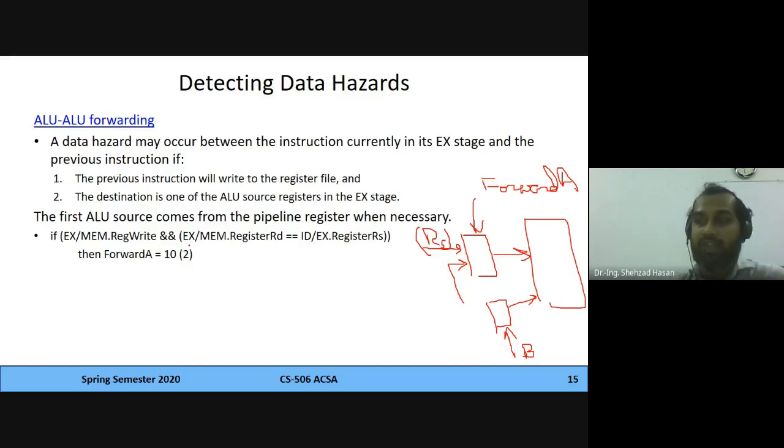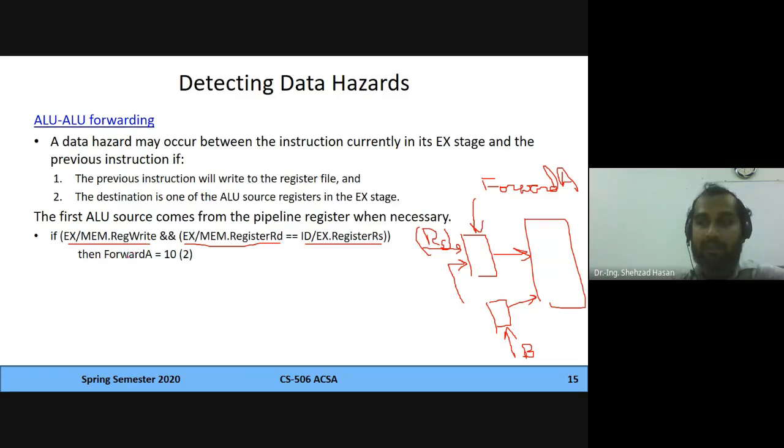So we need to check that the destination code of the instruction which is in the memory stage should match the source code of the instruction which is in the execution stage. So if they both are matching, and that instruction which is in the memory stage is also going to write to the register file.